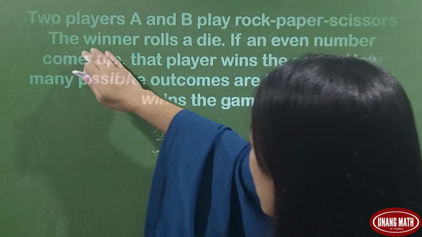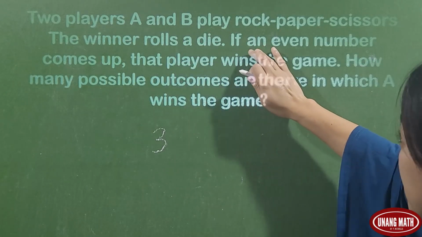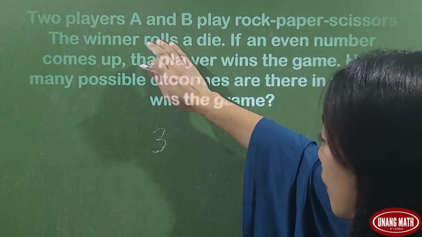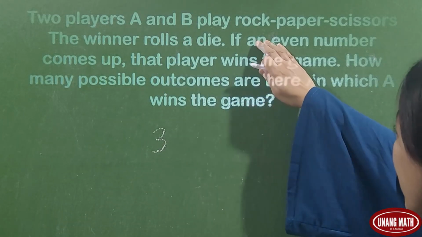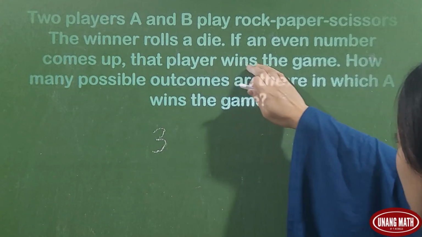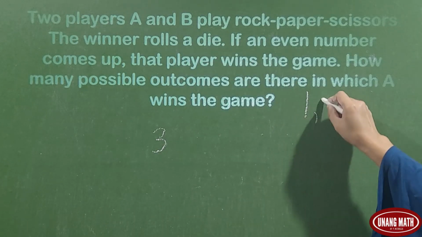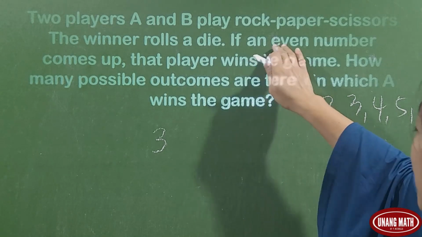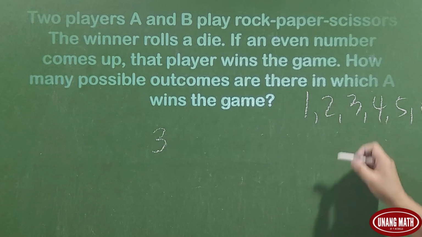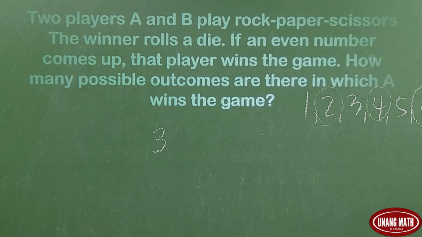Okay, now, this winner or player A, since he's the winner, can roll a die. So if an even number comes up, then that player wins the game. So if it's a die, 6 faces. Okay. If an even number comes up, so even numbers we have here are 2, 4, 6.